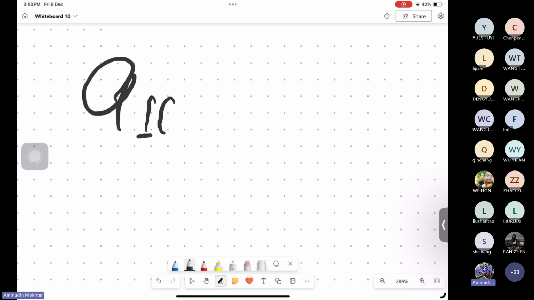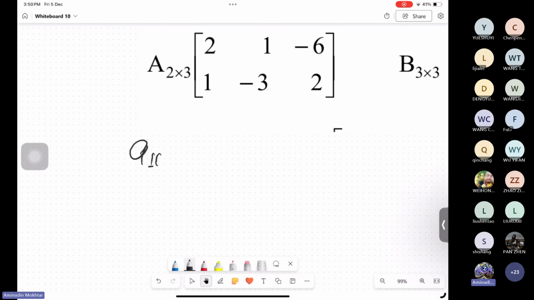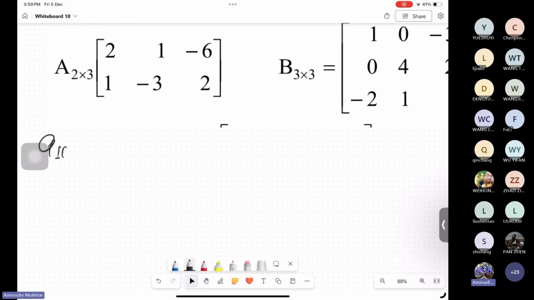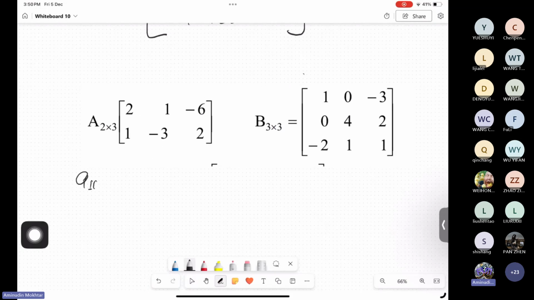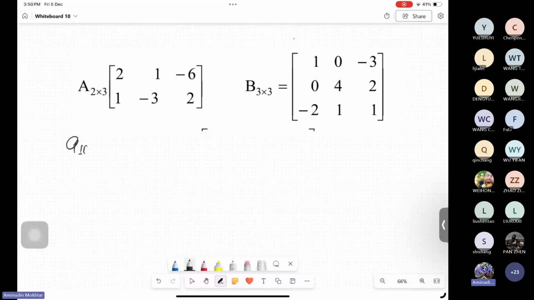So in this case, we need to find the summation of the products of the elements in the first row of A and the first column of B. That is how we calculate this a11.